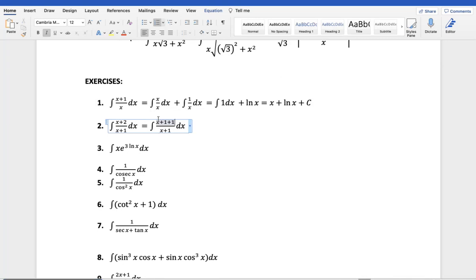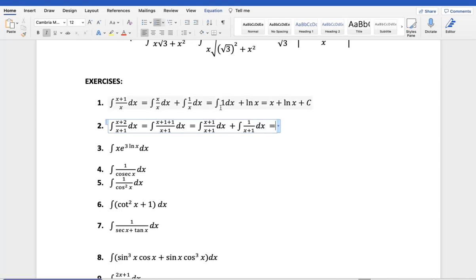We can all agree on that. And immediately we can see that we can use the same logic as the previous example, and we can separate this into two integrals. Basically, we'd have the integral of (x plus 1) over (x plus 1) dx plus the integral of 1 over (x plus 1) dx, right?